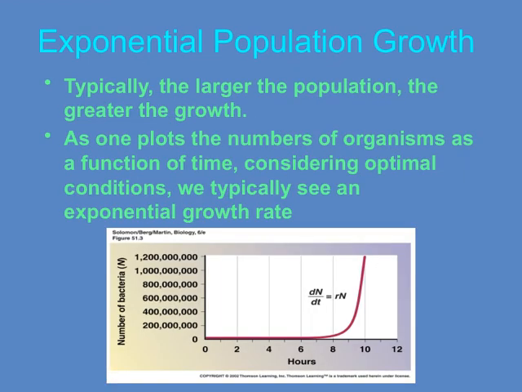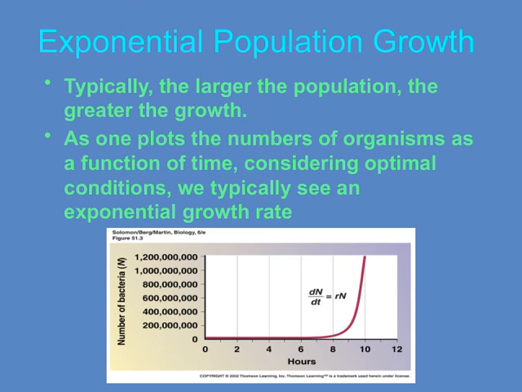Let's talk about exponential population growth. Typically, the larger the population, the faster it tends to grow. When we plot the number of organisms over time, especially under optimal conditions, we usually see this distinctive exponential growth pattern. This means the population increases at a rate proportional to its current size, leading to a rapid and accelerating rise.